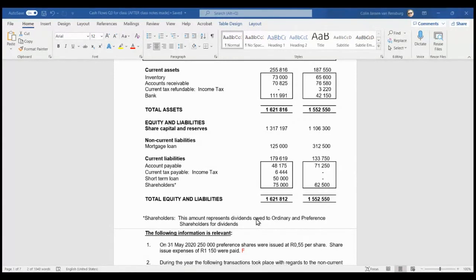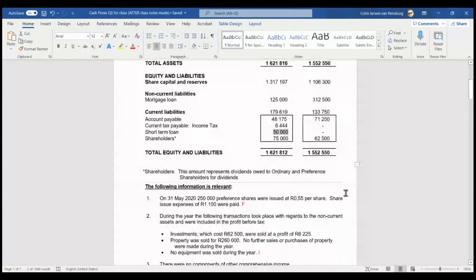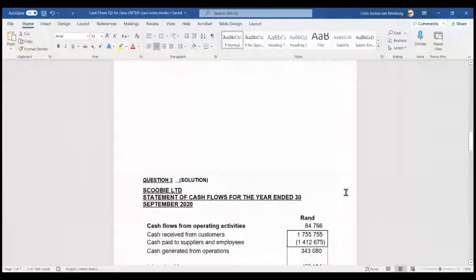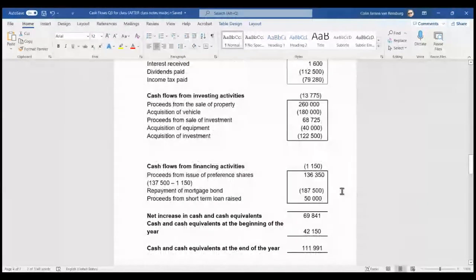And somebody already typed outflow there. Thank you very much. So now we can simply take that 50,000 and we copy it over to our statement of cash flows. So we go down to our statement of cash flows, we find our financing activities, and we type it in exactly like we've said there: proceeds from short-term loan raised, or something similar, as long as you've got the words proceeds somewhere there and short-term somewhere there, right?